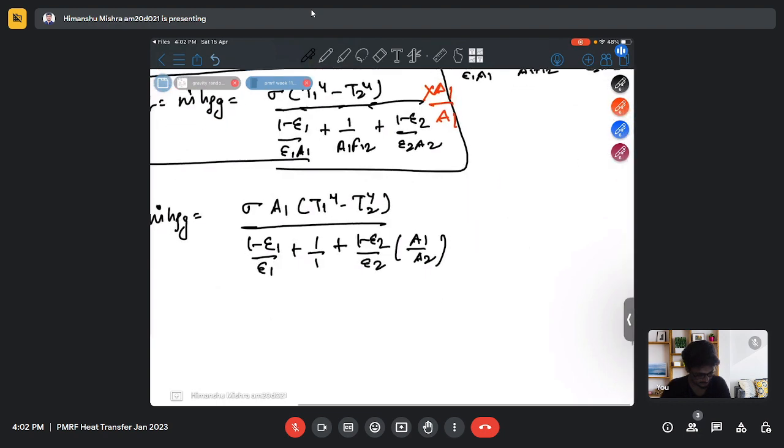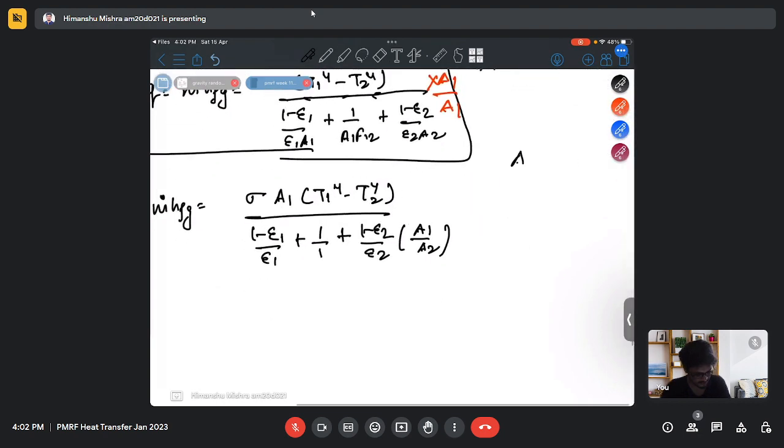So for the spherical surface, my A1 by A2 will be equal to R1 by R2 square. For the cylinder case, it was just R1 by R2. For the spherical surface, it will be R1 by R2 square.